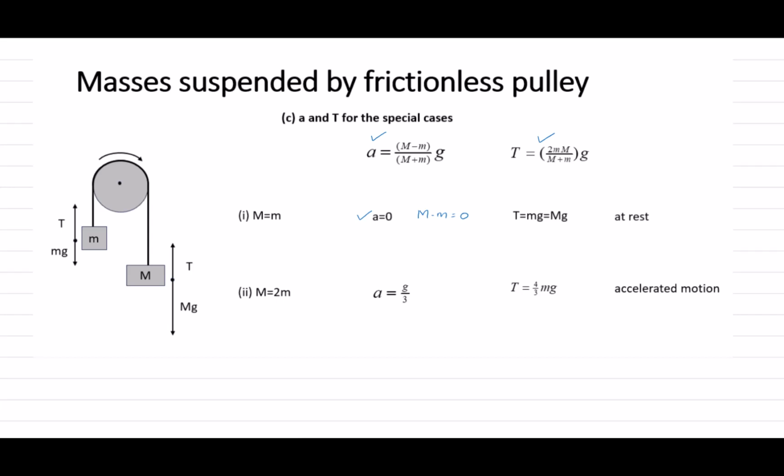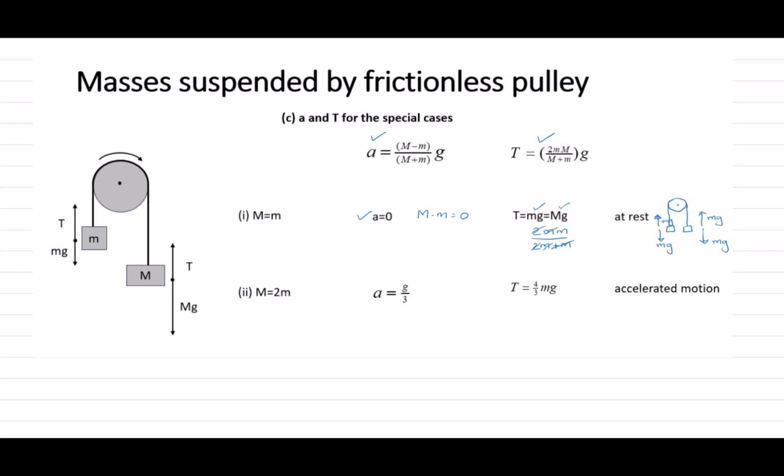And applying for T, this will be 2 times m times m over m plus m, and the denominator will become 2m, and 2m on the top will cancel with 2m in the bottom, and therefore it will become mg. So what this essentially means is that we have the pulley with the equal masses m and m on both the sides.